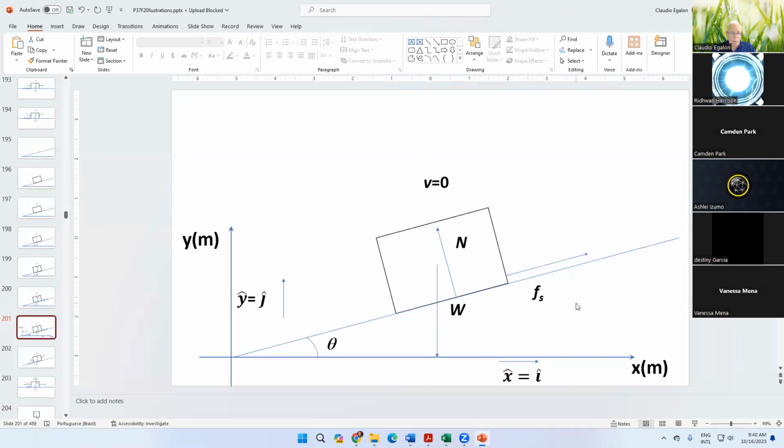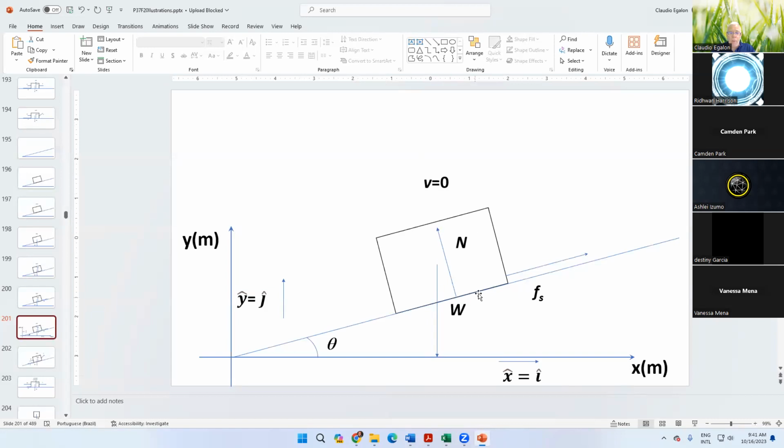Notice what's happening here. I put my axis along those two directions, the vertical and the horizontal. When I do that, the weight is written in terms of only one direction.